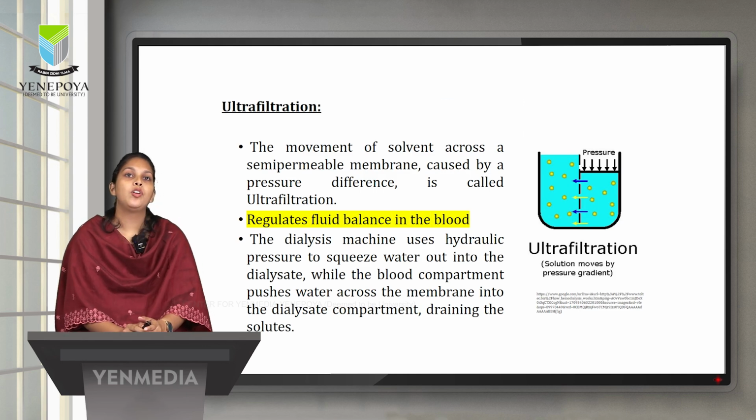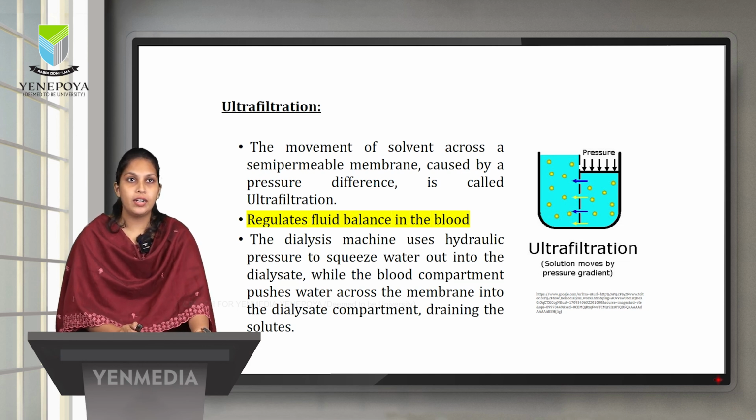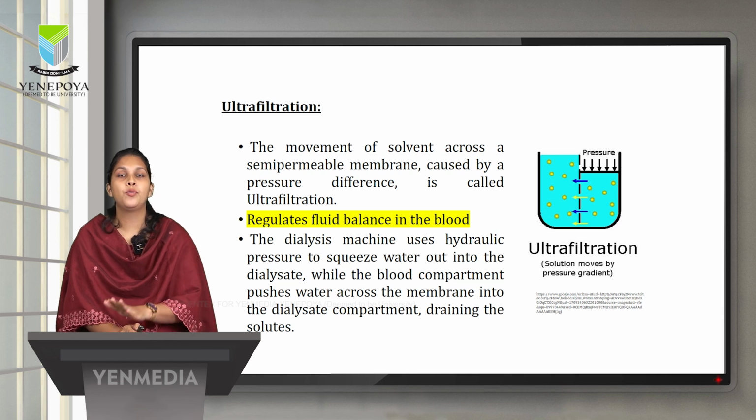Ultrafiltration: the movement of solvent across a semi-permeable membrane caused by a pressure difference is called ultrafiltration. By the process of ultrafiltration, the excess fluid from the patient's body is removed.